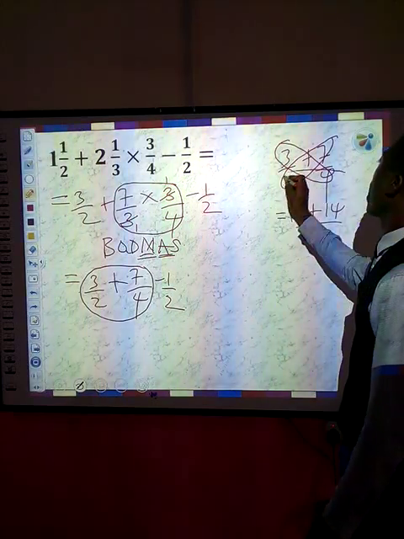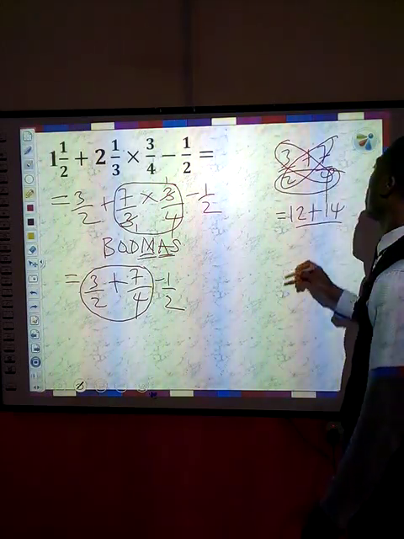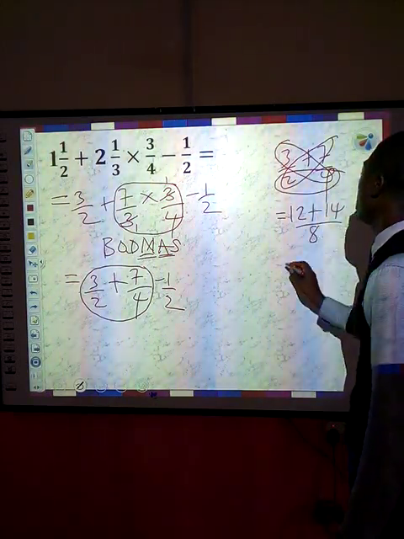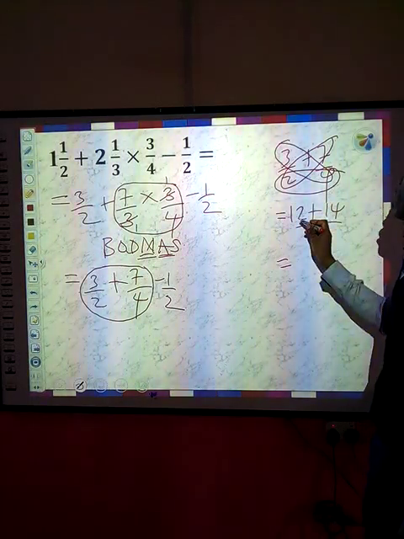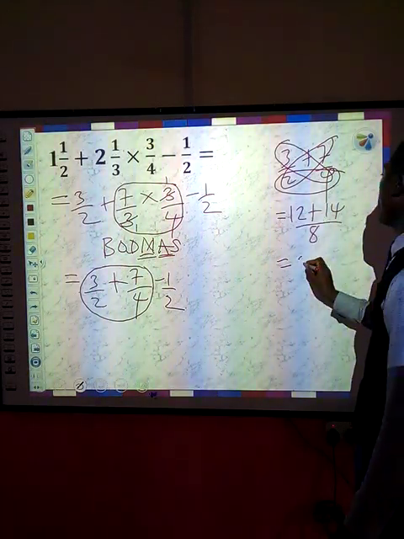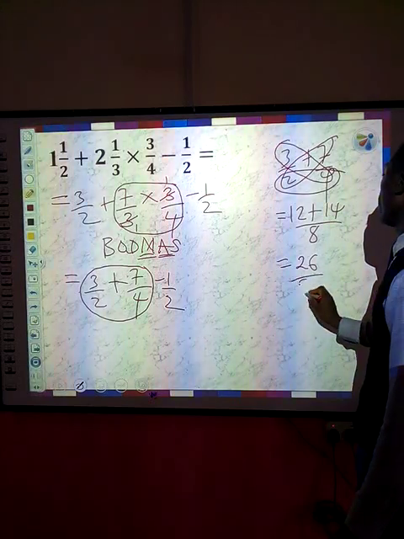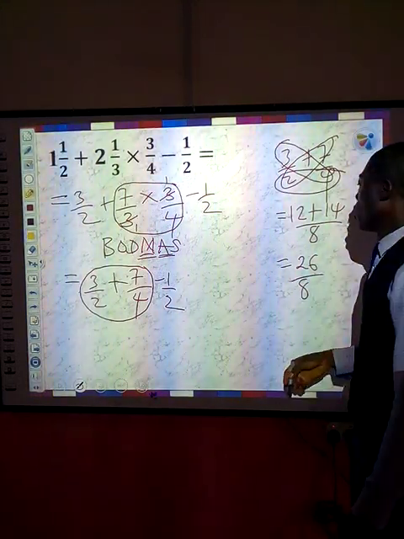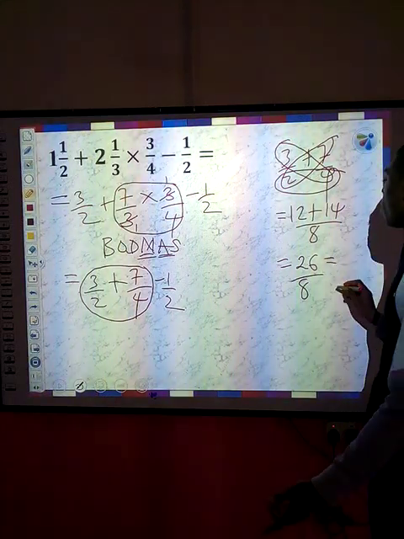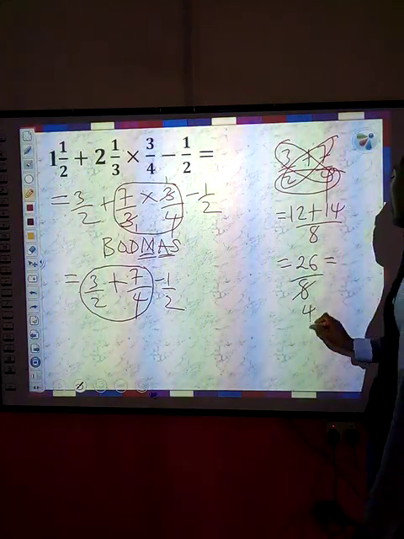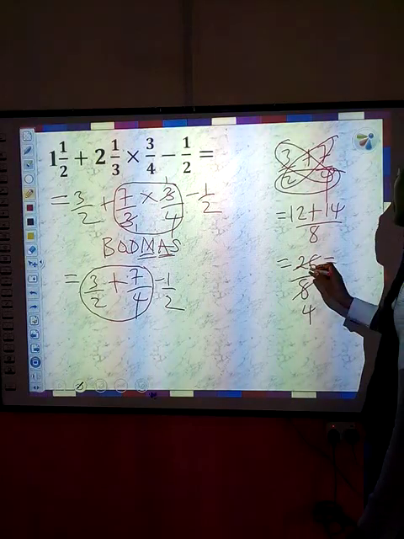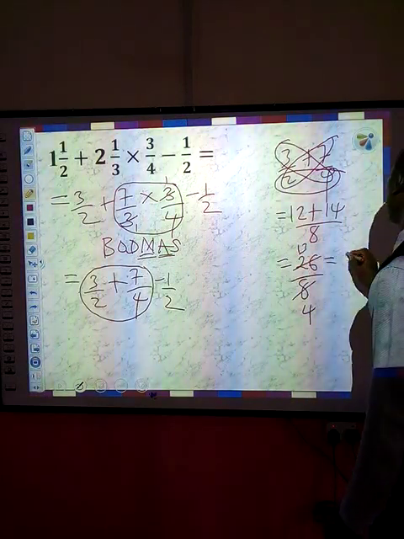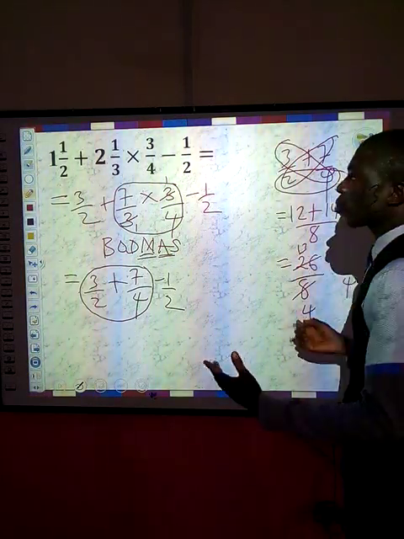Then you multiply this 2 and 4 together, you get 8. So if you sum up the numerator, 12 plus 14, you're going to get 26 over 8. If you want, you can reduce it a little before you bring it here. If you reduce it, 2 inside 8 you get 4, 2 inside 26 you get 13. So we have 13/4.